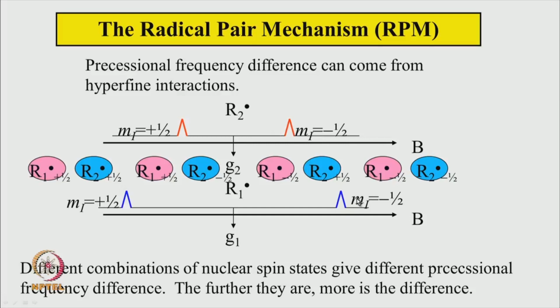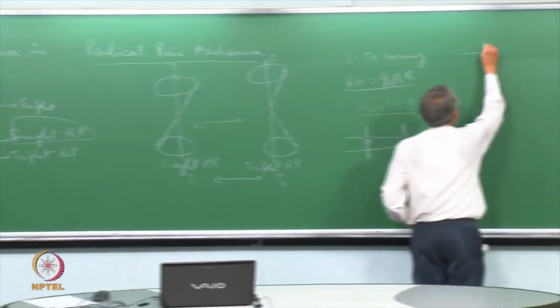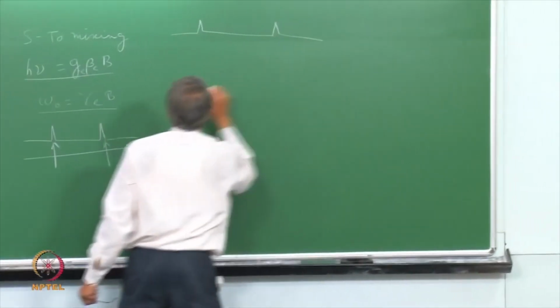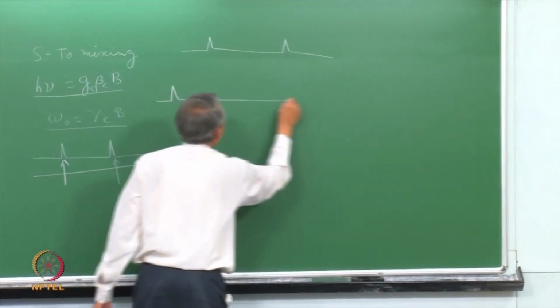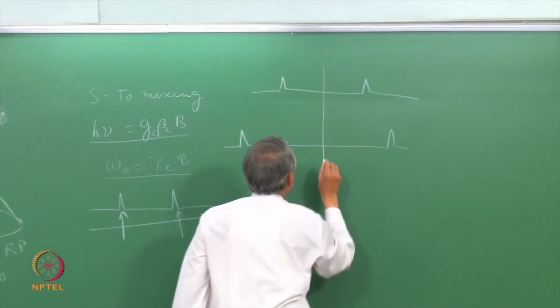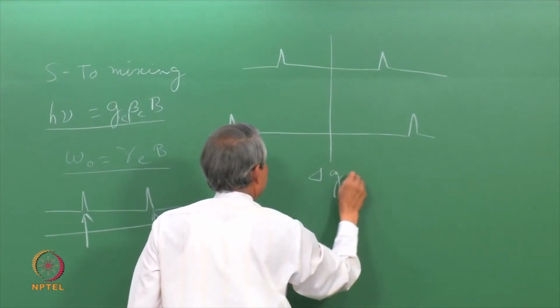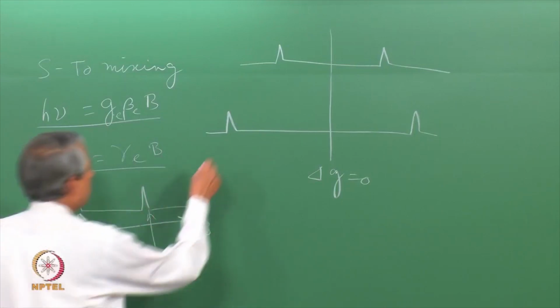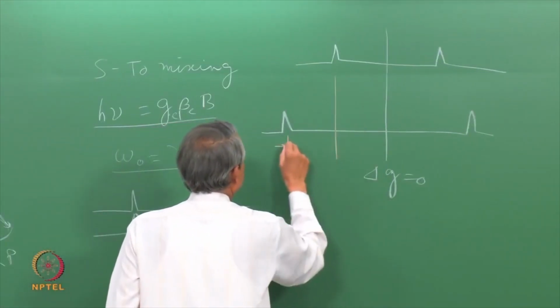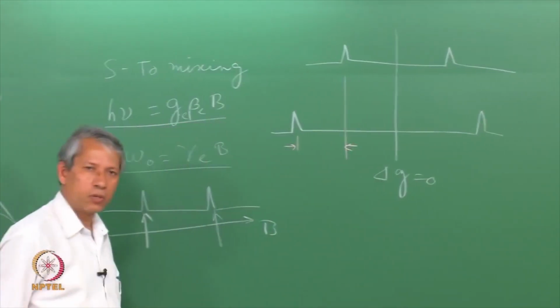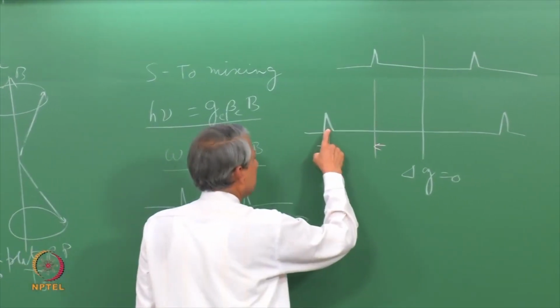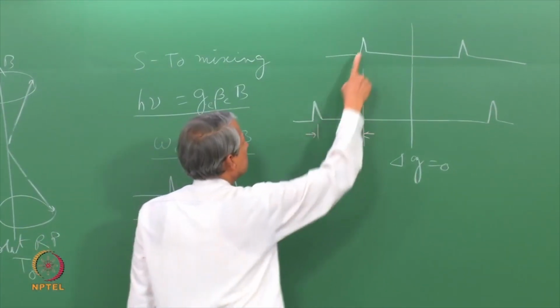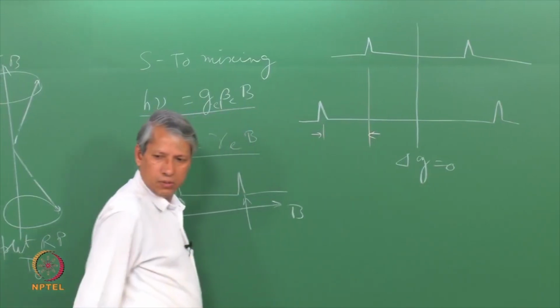Let me do it here. So, this is the same place, delta G is equal to 0. So, one possibility between this and that. This is the one difference in precessional frequency when this has got alpha spin for the nucleus, this also has got alpha spin for the nucleus.